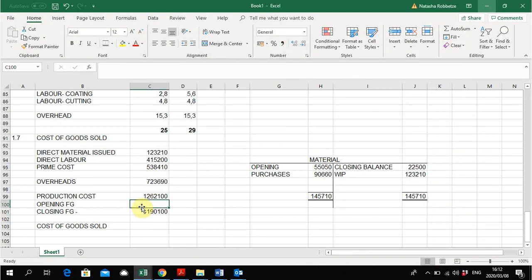So under opening stock, I will simply say it is 4,800 times 24 Rand, and I add to that my 2,400 at 27 Rand.